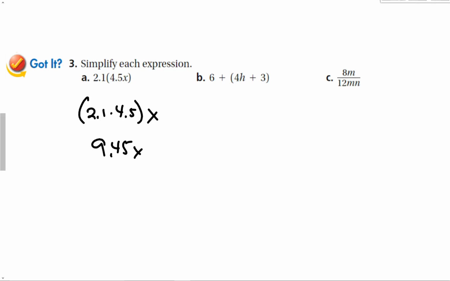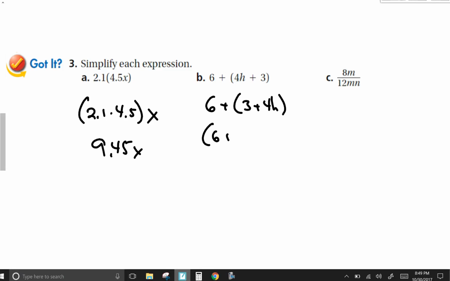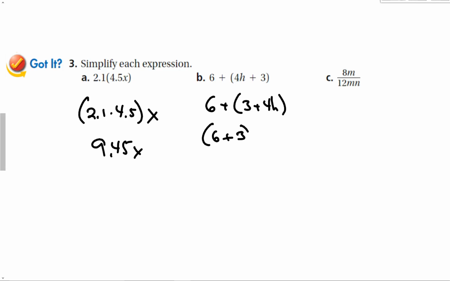Part B is the same as the other one before. We're going to use the commutative property first: 3 plus 4h. Then we're going to use the associative property next: 6 plus 3 plus my 4h. And then that turns into 9 plus 4h.